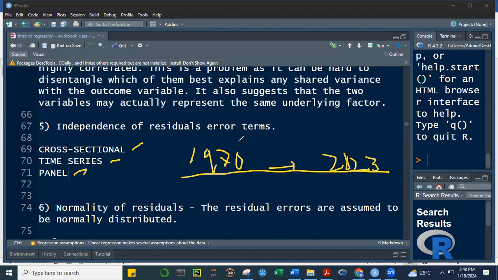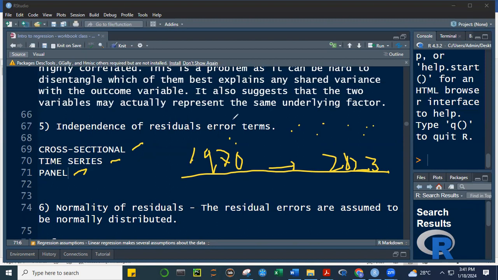So that, pag kinompute natin yung residuals, class, hindi natin pwedeng babaguhin yung order ng residuals. Okay? So there you can see if yung residual in 1970 related ba sa residual in 1971, etc. Kung related ba yung mga, how do I put it? Yung mga consecutive na residuals na yan. Unlike sa cross-sectional data, class.